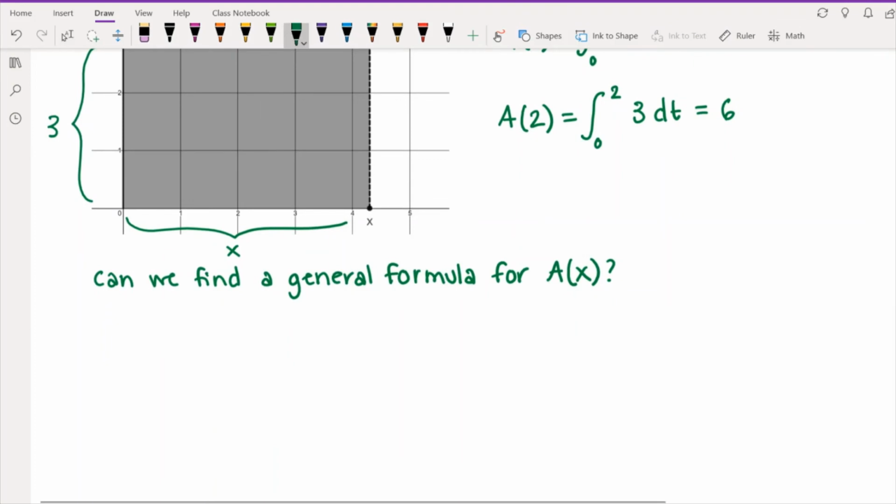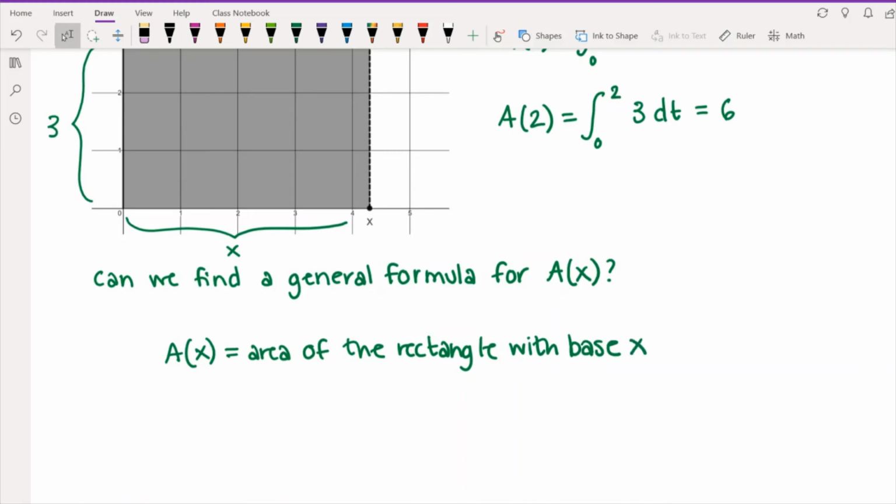So a of x is going to be the area of the rectangle with a base of x and a height of 3.